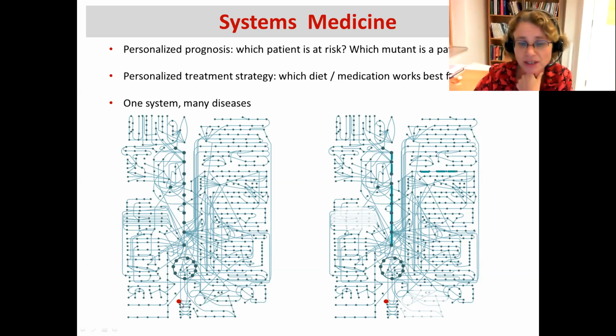So the idea is that even if you have here in red, you can see my cursor as a pointer, I hope, a mutation, and you have another person with the same mutation, the surrounding network may be quite different. Here you see certain parts of the network are underexpressed compared to another person.